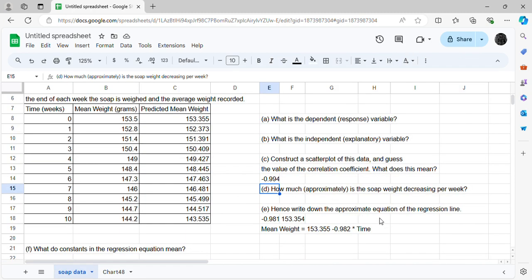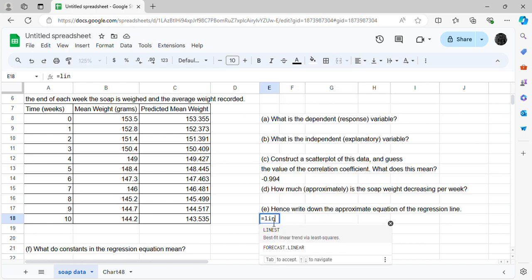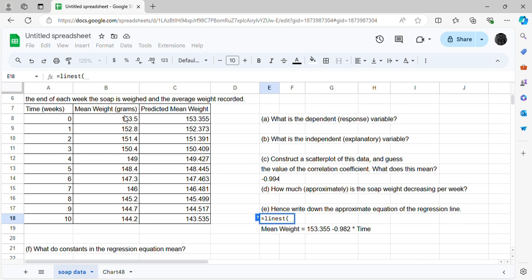Hence, write down the approximate equation of the regression line. To find the coefficients of the regression equation, type equal linest, choose the dependent values, comma, select the independent values, close the bracket.